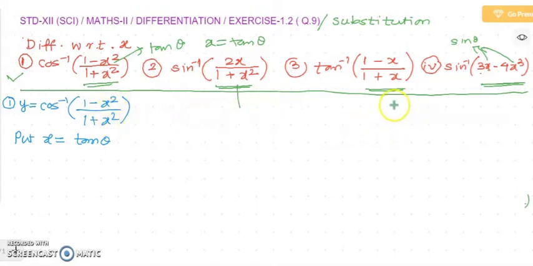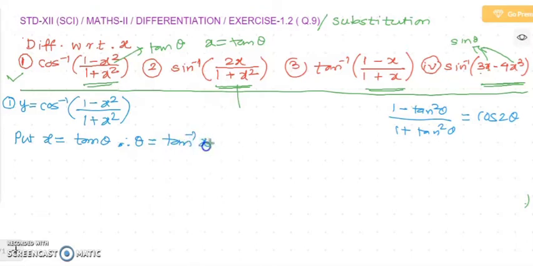This formula is going to be useful. 1 minus tan square theta upon 1 plus tan square theta is equal to cos 2 theta. But whenever you put x is equal to tan theta, remember you have to write theta's value. Therefore theta is equal to tan inverse of x. So you require that value later on.